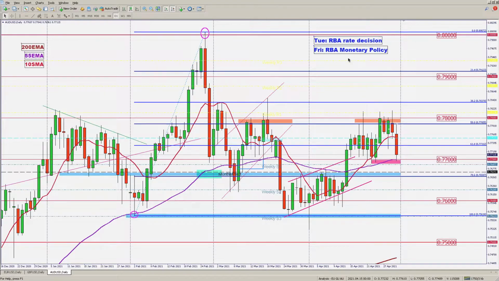So this coming Tuesday is the RBA's turn to announce their rate decision, followed by Friday their monetary policy statement. But it's unlikely they'll make any changes, unlike the Bank of England.